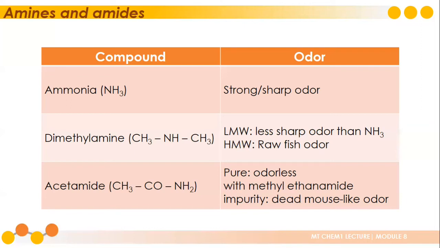Acetamides, if they are pure, are odorless. But if they are reacted with methyl acetamide and produce an impurity, it can produce a dead mouse-like odor. So it seems that the nitrogen greatly contributes to the foul-smelling odor of some compounds.